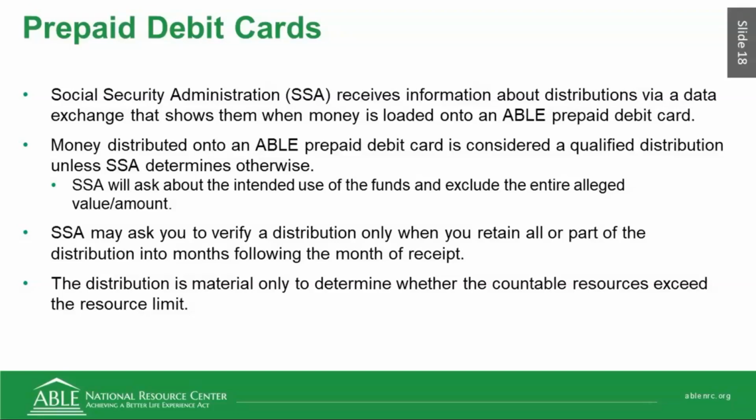So what's important here is that even if there would be an issue, and we want to provide you with all the information that we can so that you understand distributions and the qualified disability expenses we'll be talking about, the money loaded onto the card is not counted as income, and it would only be material in determining the amount of resources when combined with your other resources when they exceed that SSI limit.